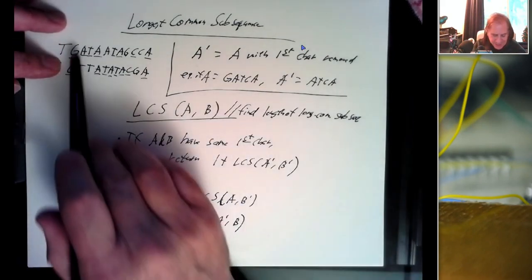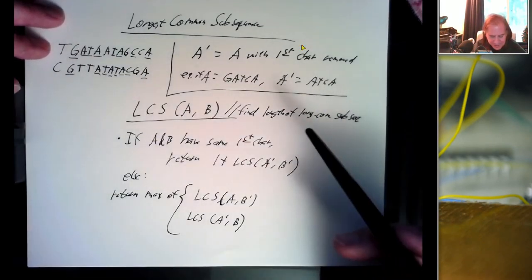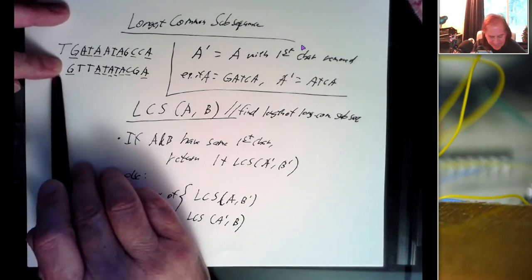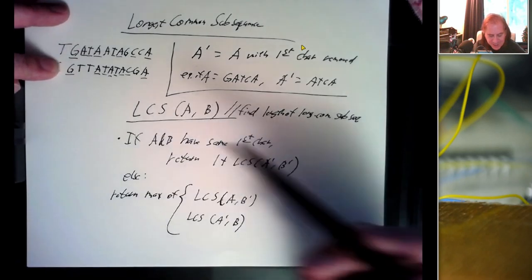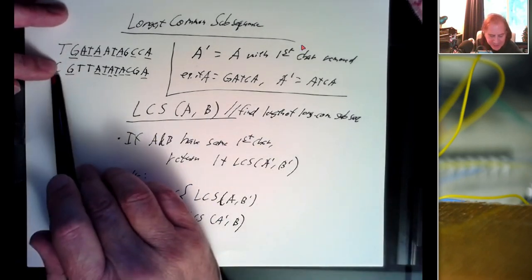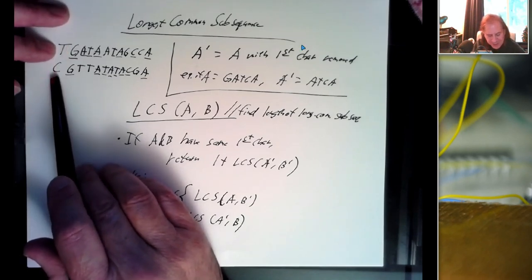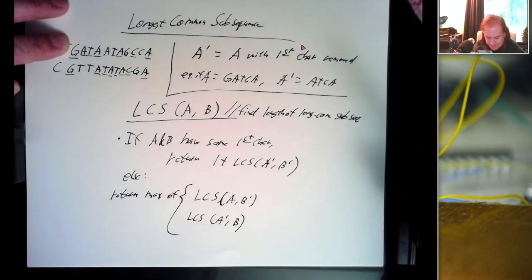So if the longest common subsequence happens to begin with a T, then taking off this first letter here is not going to affect it. Because it begins with a T, so maybe it's picking up that T or maybe not, but it's not going to begin with a C. And likewise, if the longest common subsequence begins with a C, we don't change our longest common subsequence by removing this T from this first string.